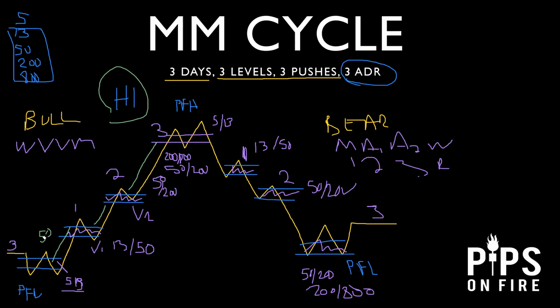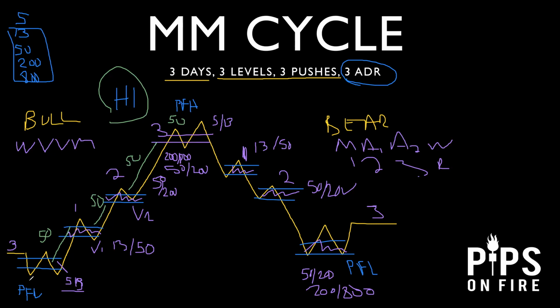Okay. So we were saying that this 50 ADR, so let's say that completed, right? And we have another 50 pips here, 50 pips here, and then your 50 pips here, right? So we're not necessarily counting this one because we're talking about this bull cycle, but this is cool. You're going to see it there.